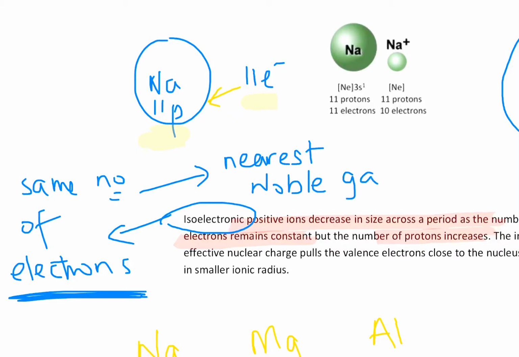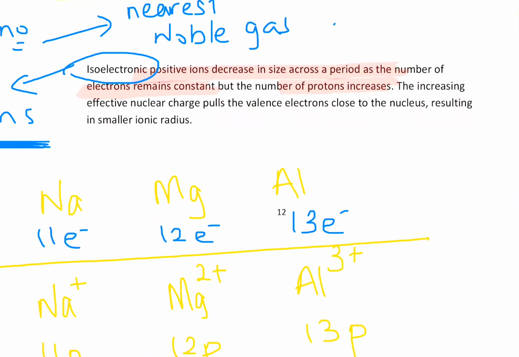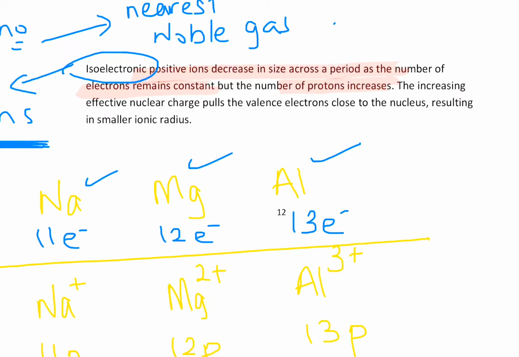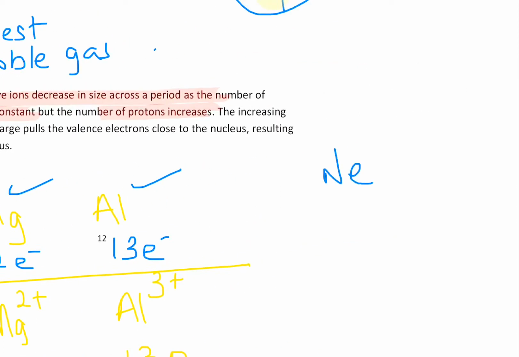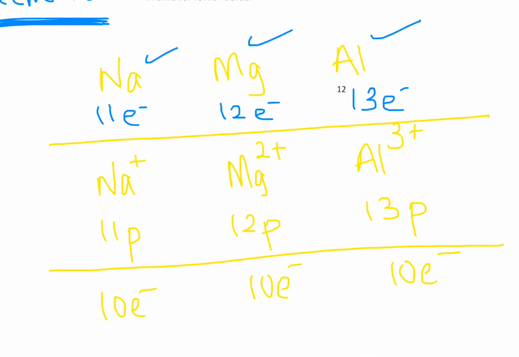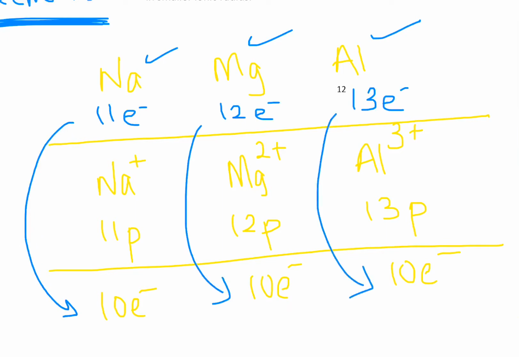If you look at sodium, magnesium, aluminium, they're going to reach the electronic configuration of neon, which is the nearest noble gas that has 10 electrons. So they're going to lose electrons from 11 to 10, 12 to 10, 13 to 10.